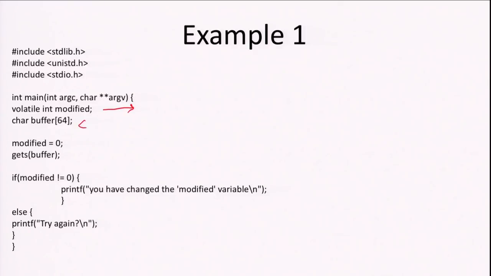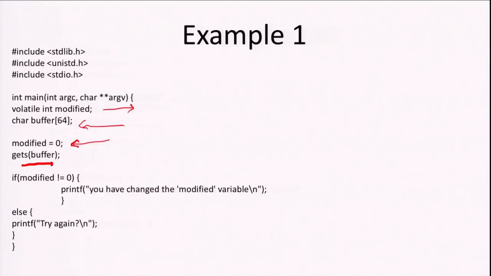Then we have a size 64 buffer of characters, and we set modified to 0 in the beginning, and then we do a gets on the buffer, which means that a string will be copied onto the buffer. And then we check if modified is still 0 or not.